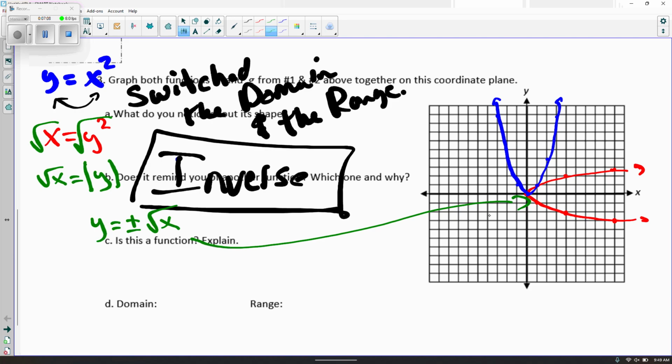As you can tell, the domain of the blue graph is all reals, right? If I was talking about my domain, it would be all reals. My range would be from 0 to infinity, correct? You see that, Knox? Now take a look at my red one. If I look at my domain of my red one over here, what's my domain? 0 to what?